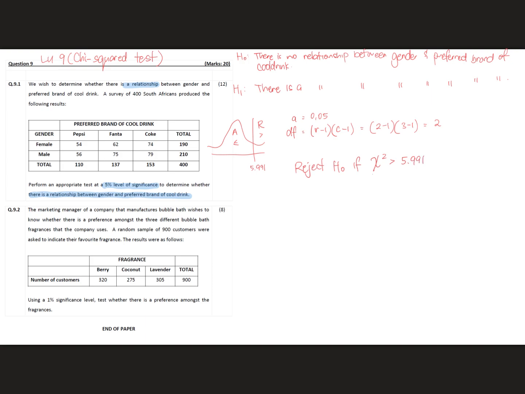So here, sorry, I forgot the word statistic. So chi-squared stat is greater than 5.991. Remember, this is your rejection region where it is greater than that critical limit. So now we are done with step 2.